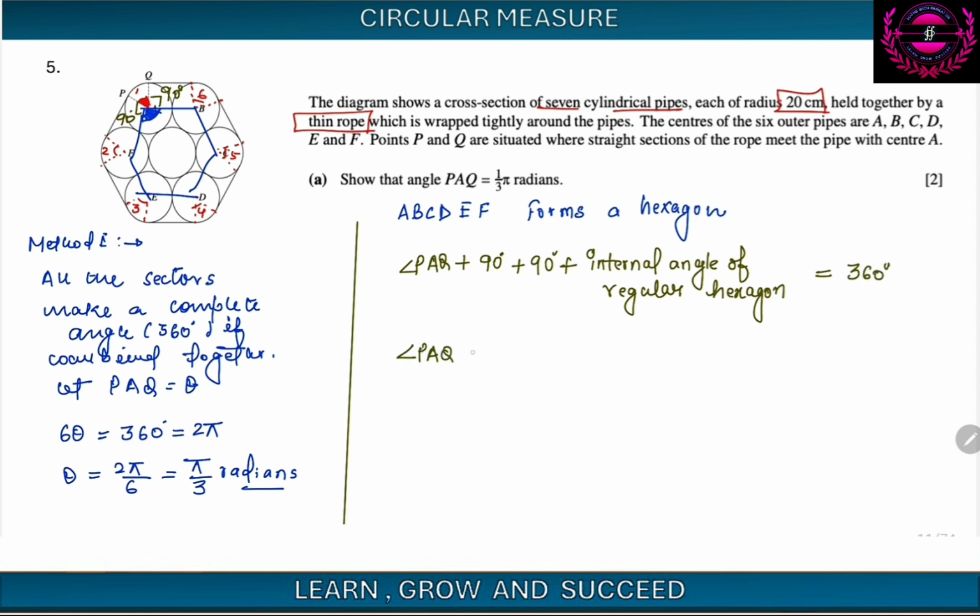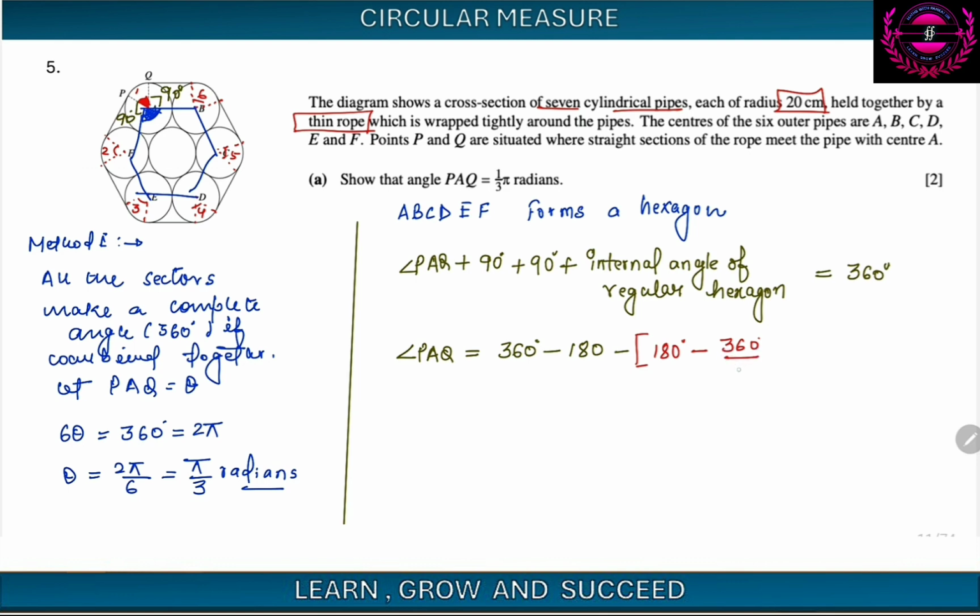So angle PAQ becomes 360 degree minus 180 minus the internal angle. This is the formula for the internal angle: 180 degree minus external angle, and external angle is always 360 upon number of sides of the polygon.